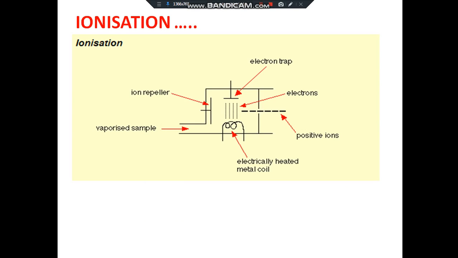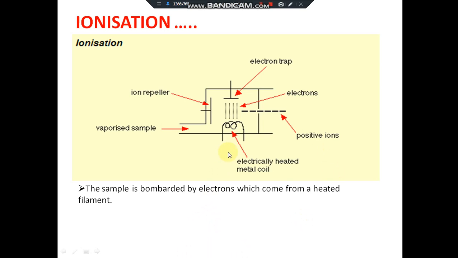The first stage is ionization in the ionizing chamber, whereby the sample is bombarded by electrons which come from a heated metallic filament. These electrons travel between the ion repeller and the electron trap, which are anode and cathode.